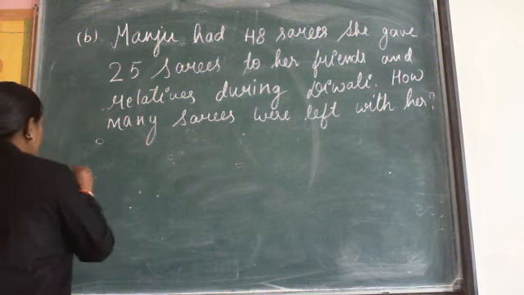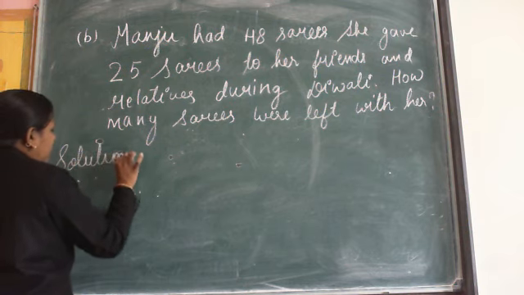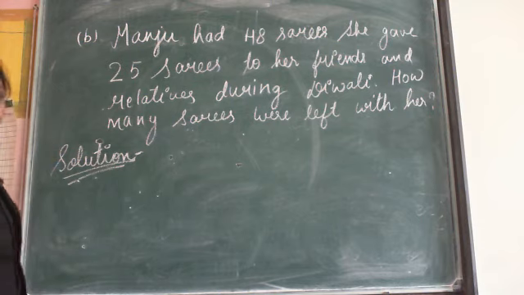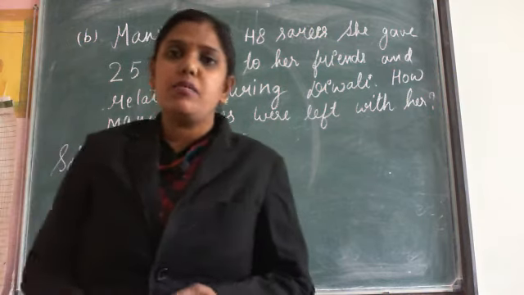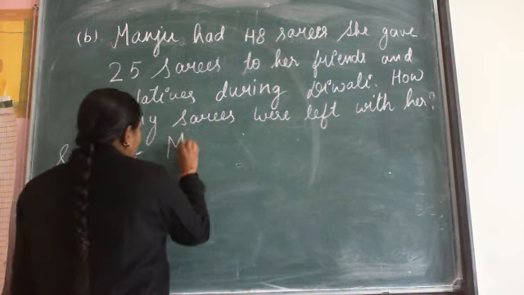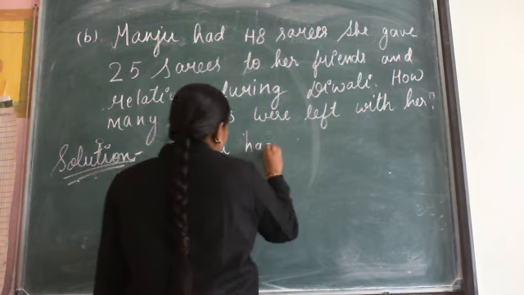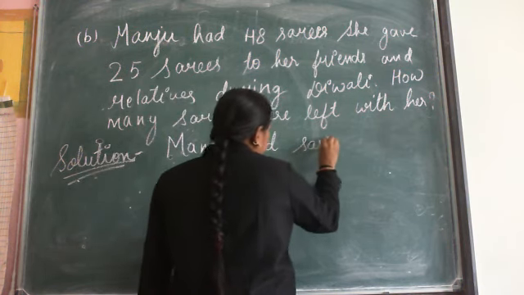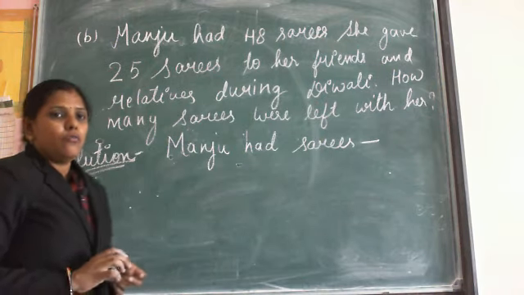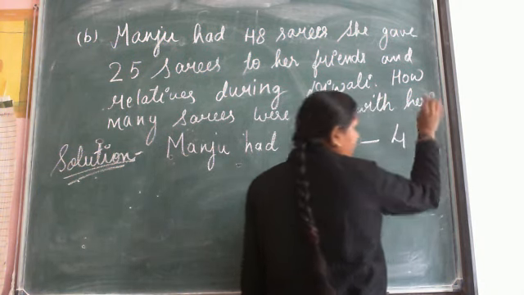Now write the solution. First we will write how many saris Manju had. Write Manju had saris. How many saris does she have? 48. So write here 4, 8, 48.